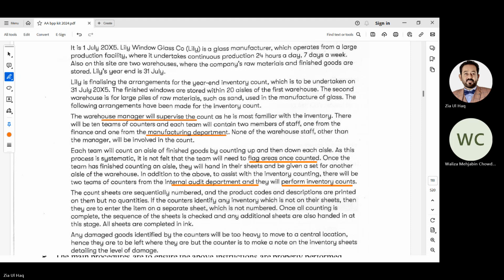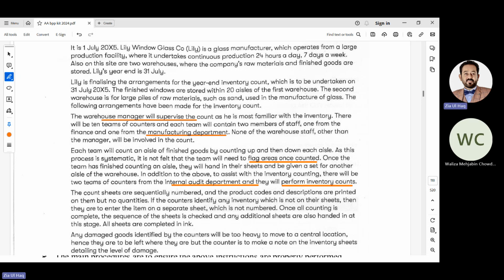So again, these persons are not responsible for the count. If they are responsible for counting, there will be no monitoring of the counting process. So the internal auditor should supervise the count. They should monitor the count, whether all the controls are followed during the count or not. They should not be involved in the count.